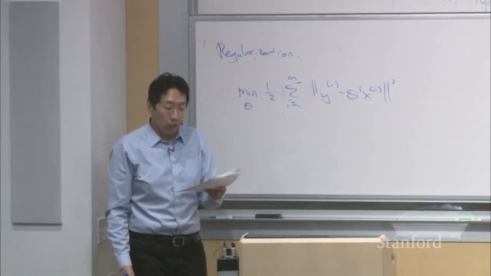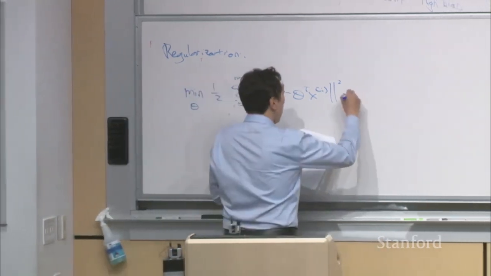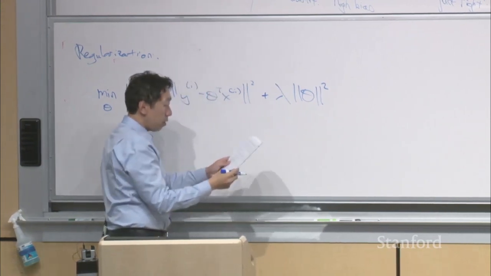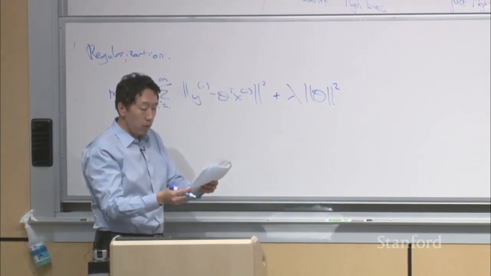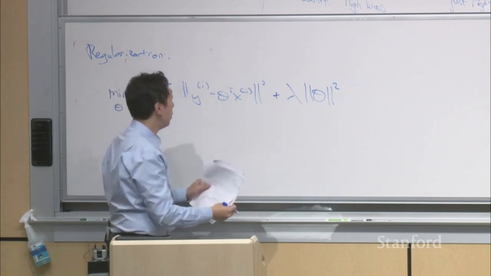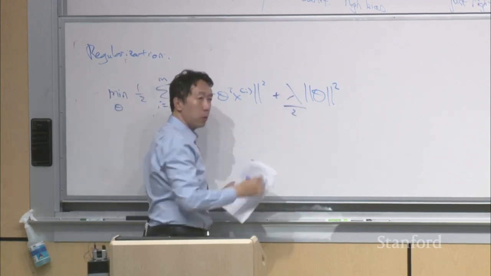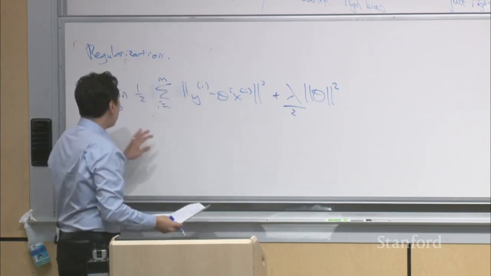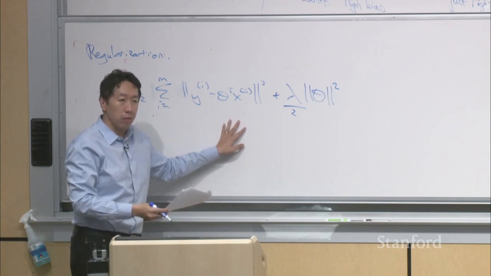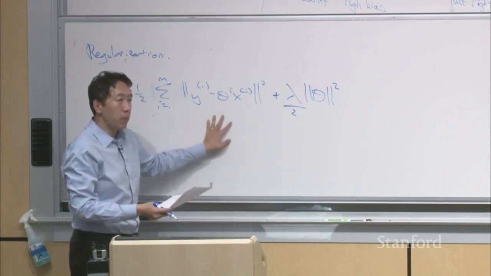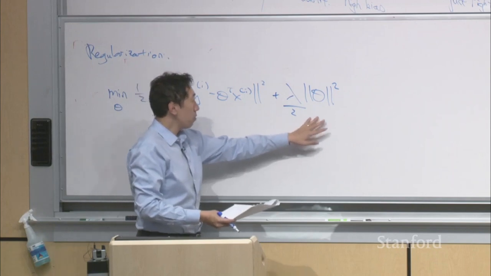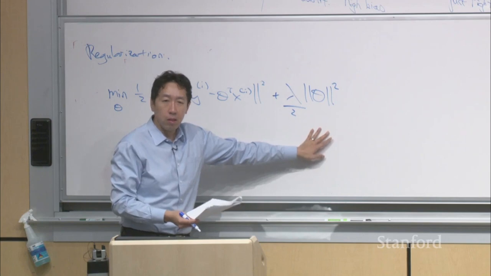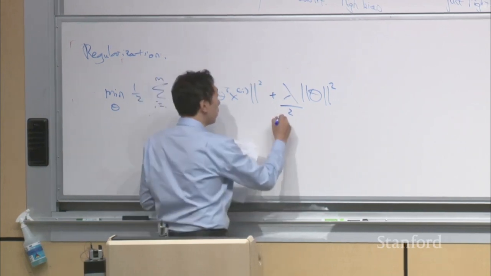If you want to add regularization, you just add one extra term here, lambda times the norm of theta squared. Sometimes you write lambda over 2 to make some of the derivations come out easier. What this does is it takes your cost function, in which you're trying to minimize the squared error fit to the data, and creates an incentive for the algorithm to make the parameters theta smaller. This is called a regularization term.